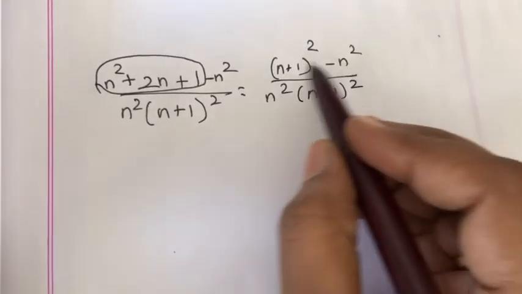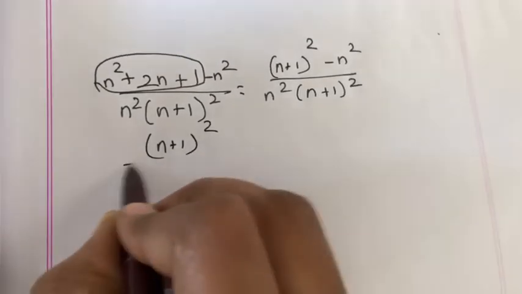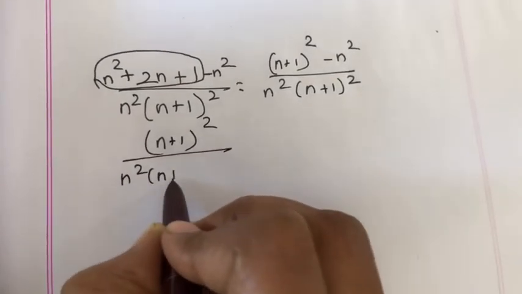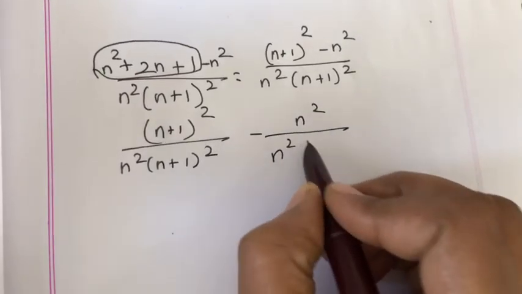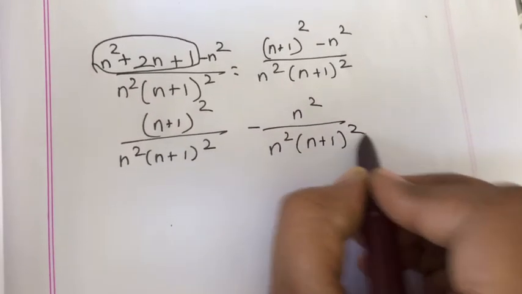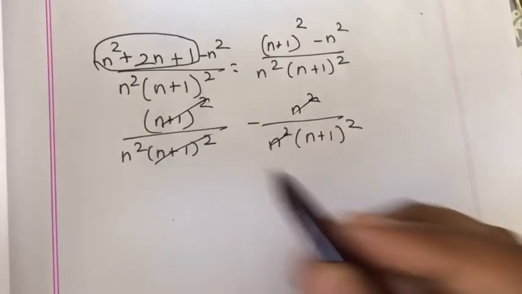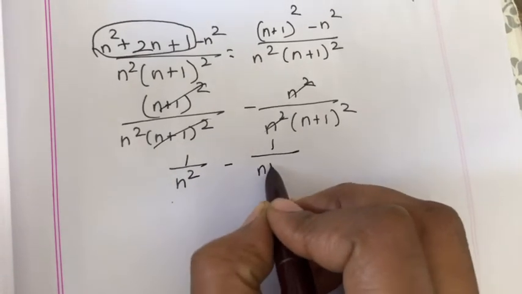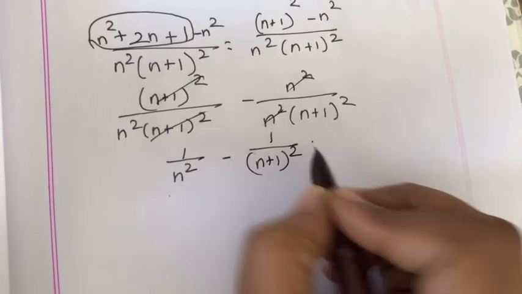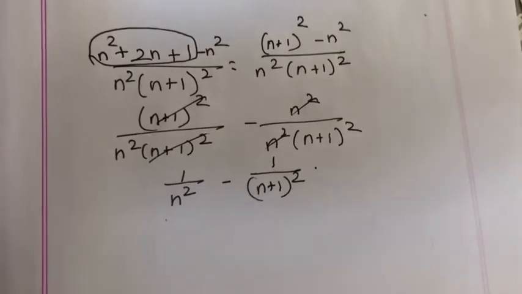This denominator is common for these two terms. So n plus 1 the whole square divided by n square into n plus 1 the whole square, minus n square divided by n square into n plus 1 the whole square. So n plus 1 the whole square gets cancelled, and n square gets cancelled. So we get 1 by n square minus 1 by n plus 1 the whole square. Thus we can write it as the difference of two terms.